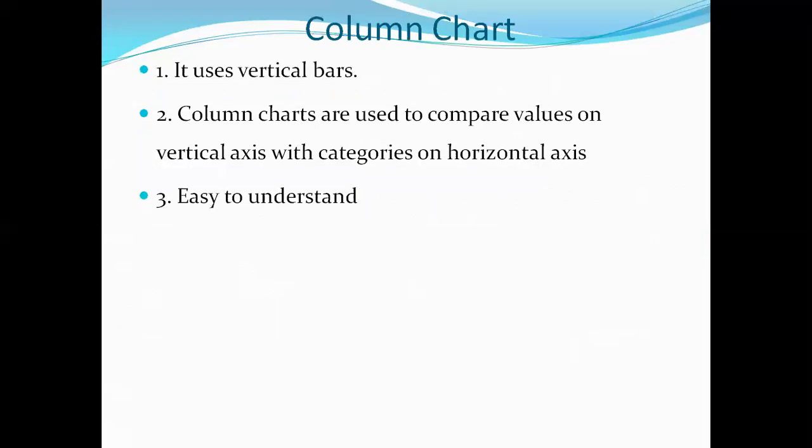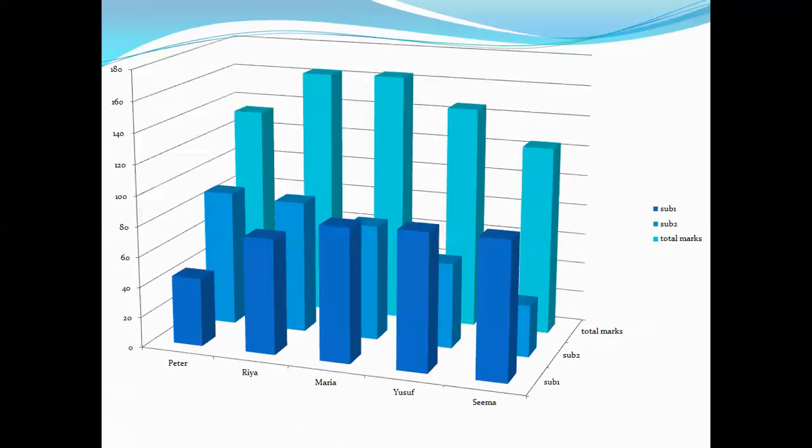Column charts are used to compare values on the vertical axis and category on the horizontal axis, and it is very easy to understand. Okay, so the only difference between bar chart and column chart is the horizontal and vertical data series which it has. So you can see this is a 3D column chart which I have shown.